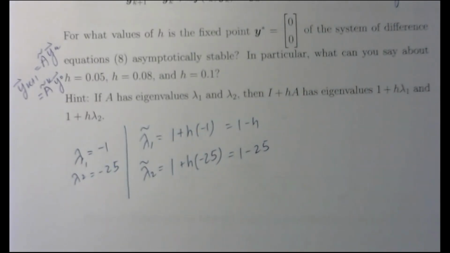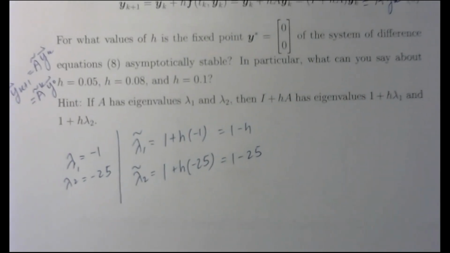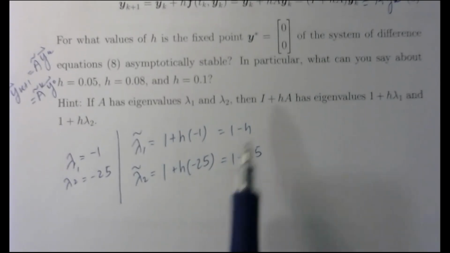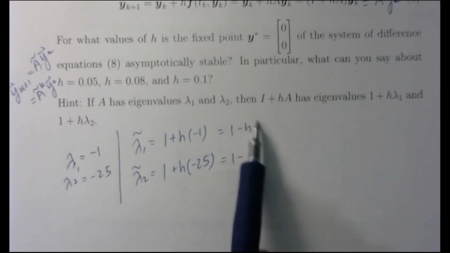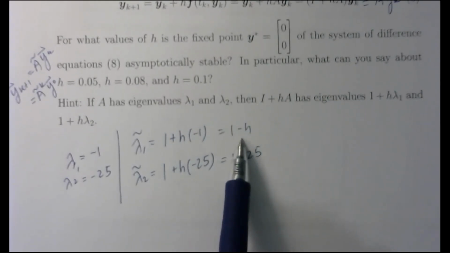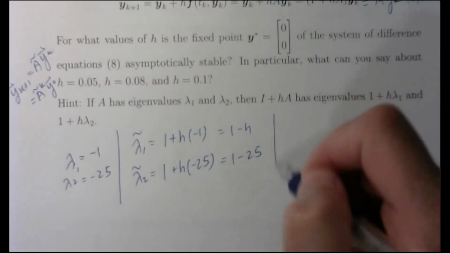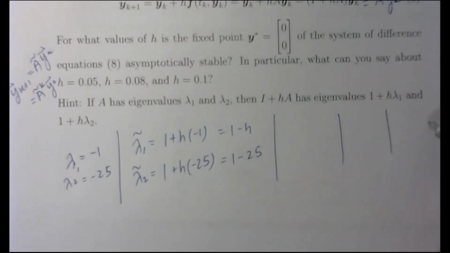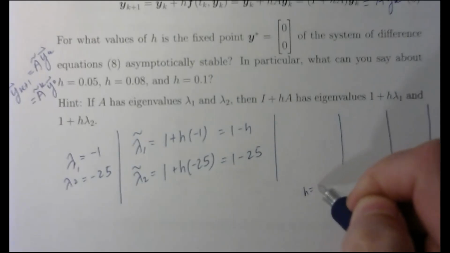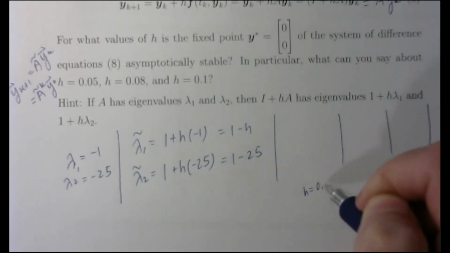So the h's I want to plug in are 0.05, 0.08, and 0.1. They're all between 0 and 1, so that's not going to be a problem for the first. That's always going to be between 0 and 1. But let's compute the other ones.